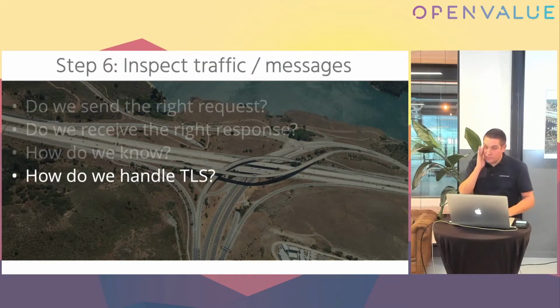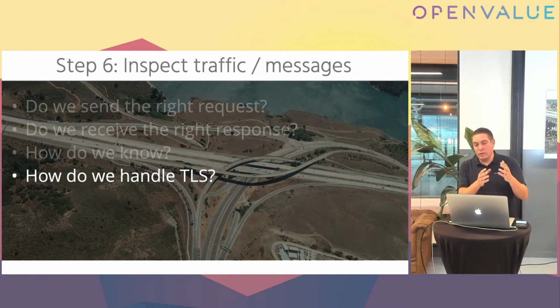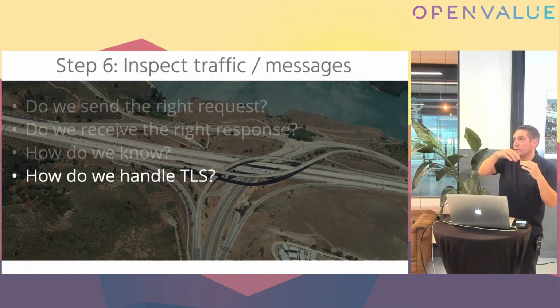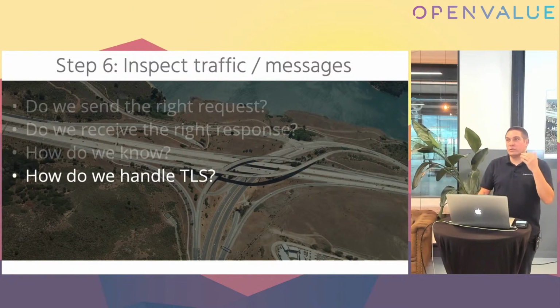How do we handle TLS? If there's TLS involved, it can be a bit harder to investigate the problem. So you can either use a TLS proxy on the client side, where you're not making the client make the connection directly, but go through a proxy where you generate TLS certificates yourself. Or you can try to figure it out at the server side. Typically, web applications have some kind of TLS termination.